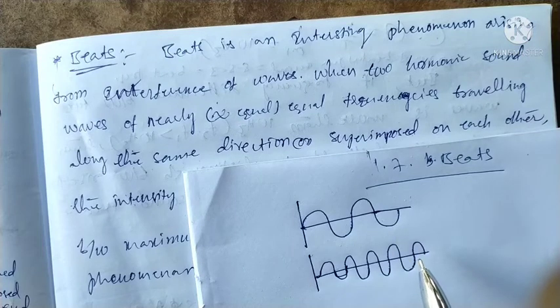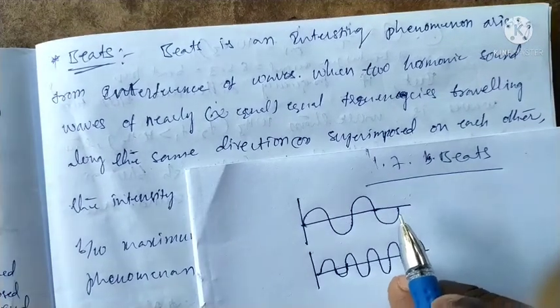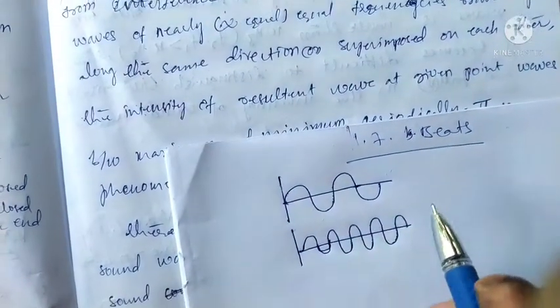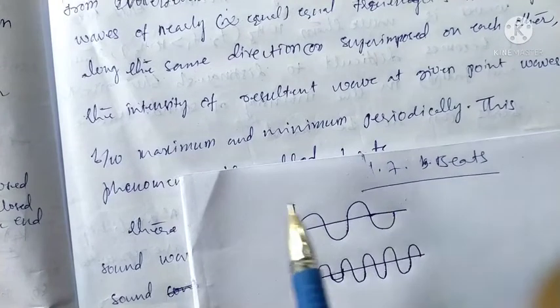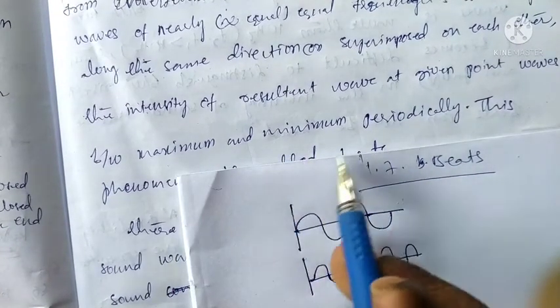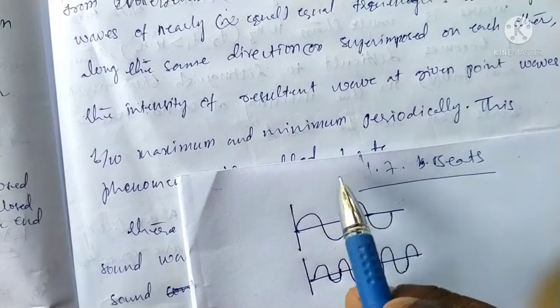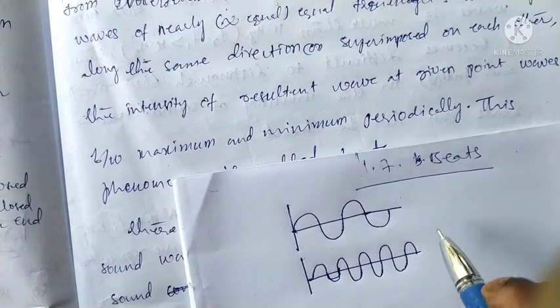They will give one resultant intensity of the wave. This type of wave gives minimum, maximum, minimum periodically. Thus this phenomenon is called beats.